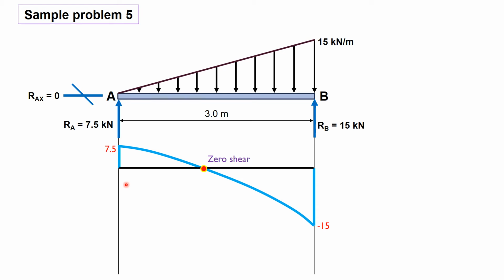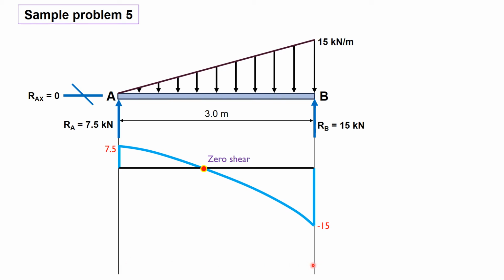Like in our previous problems, if you review all of those, look at where the maximum value of moment occurred. Did it coincide with the point of 0 shear? In this problem, since we only used point A and point B with the shear and moment equations, the moment values we got were only 0 here and here.